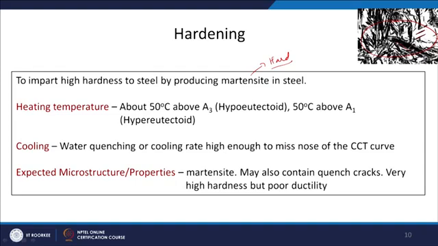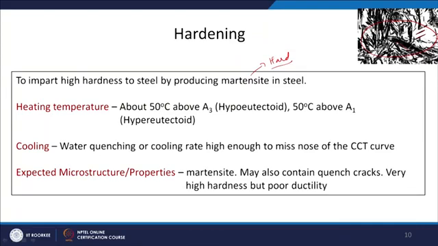So, cooling has to be high enough so that I do not cross the nose of the CCT curve. When you do water quenching, if your product is big, you can understand that there will be a lot of thermal stresses in the material.